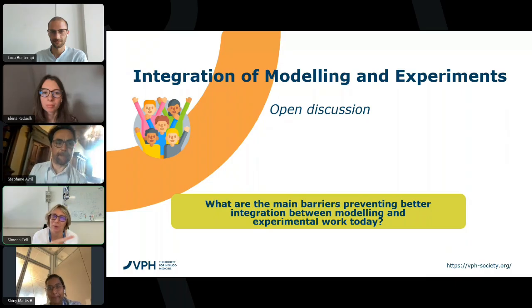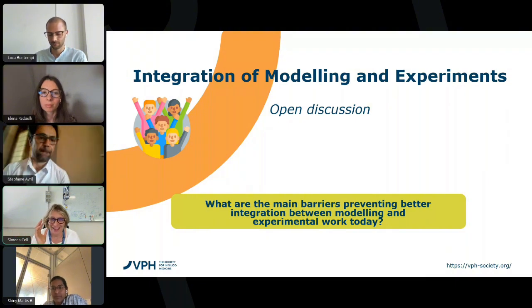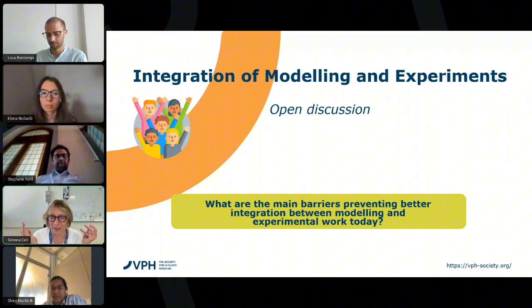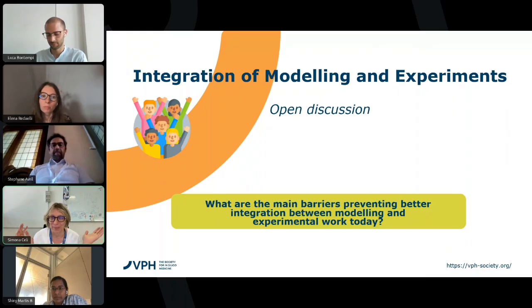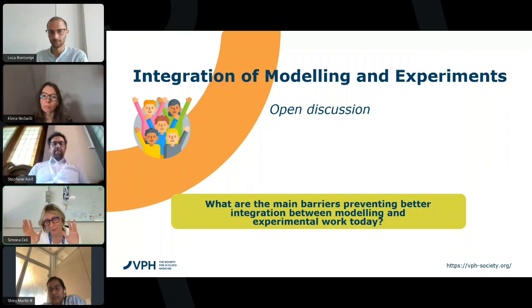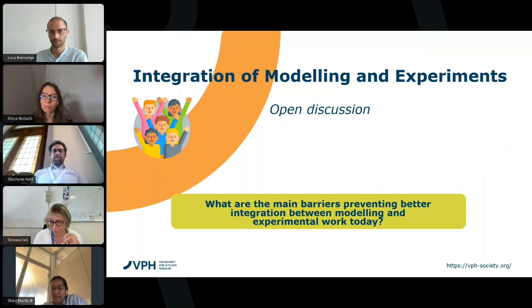The data that we can provide in the laboratory, which are fully controllable, and a second type that comes from clinical real-world data, where we have no control. So I think we can also focus on what kind of integration we are talking about, because it's easier, not easy, but easier to combine experimental laboratory results with modeling.